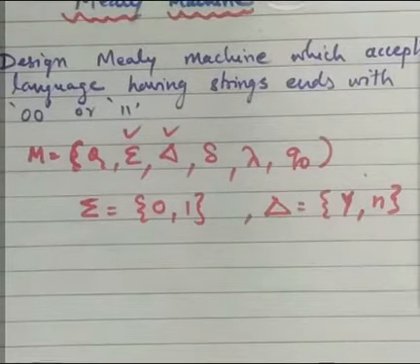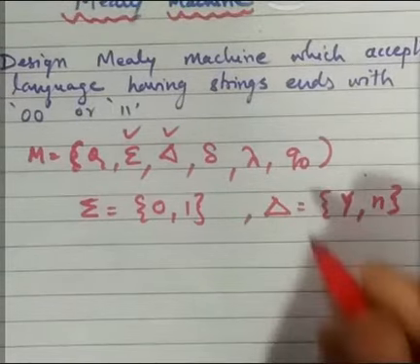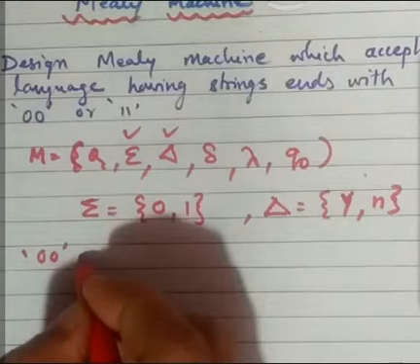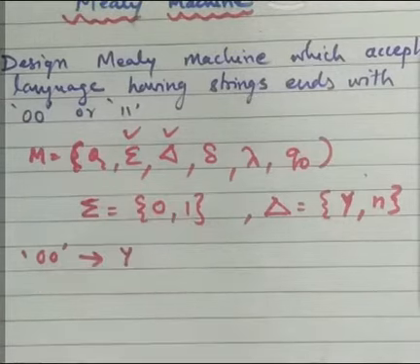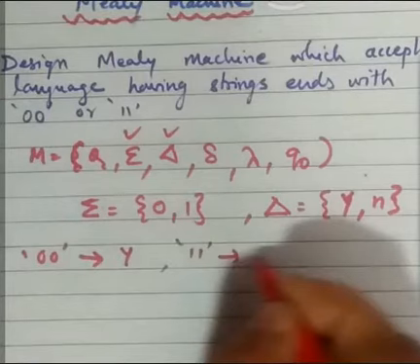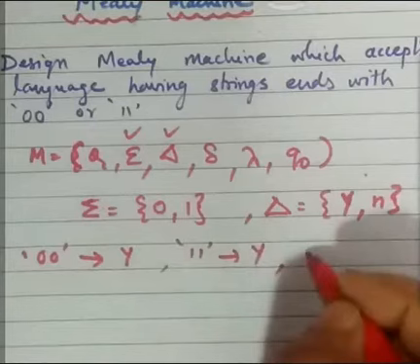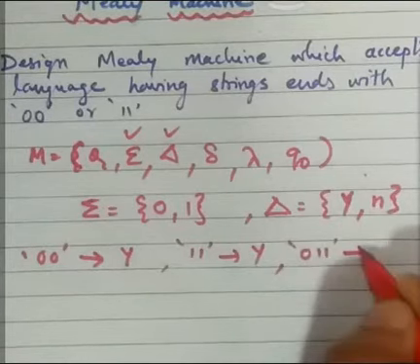So now here, if my string is 00, I should get output as Y. If my input is 11, then also I should get output as Y. If I have this kind of input, then also I want output as Y, right?